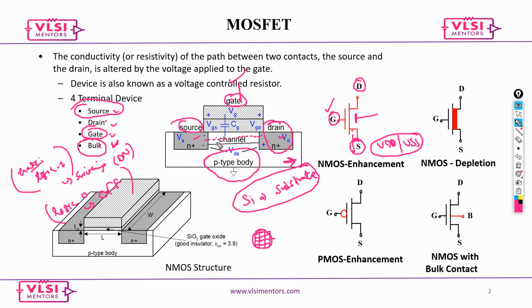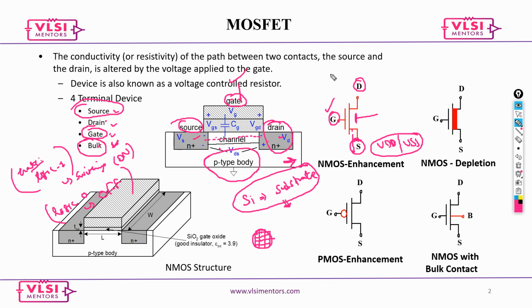They are nothing but your shapes. So your substrate is basically silicon, and we manufacture the whole chip on the silicon.